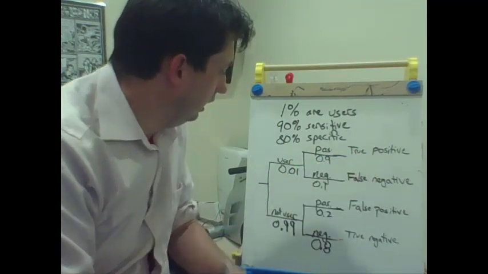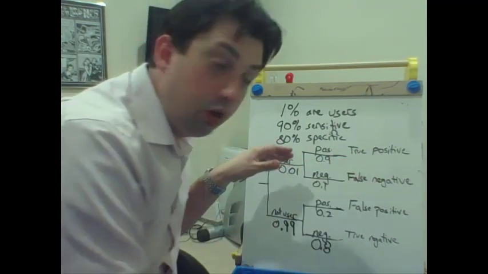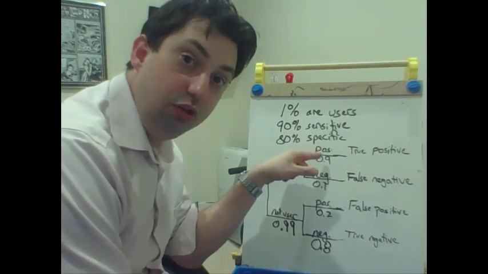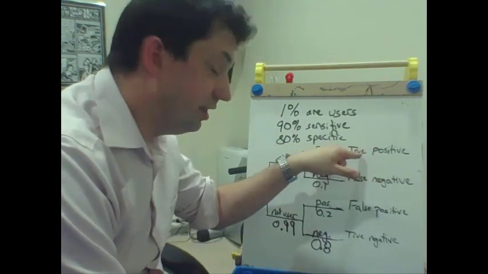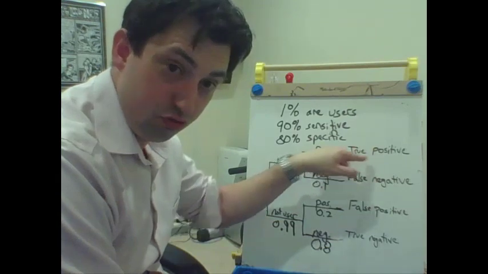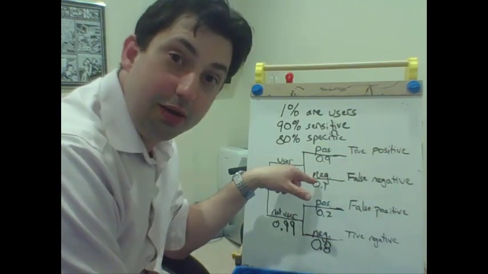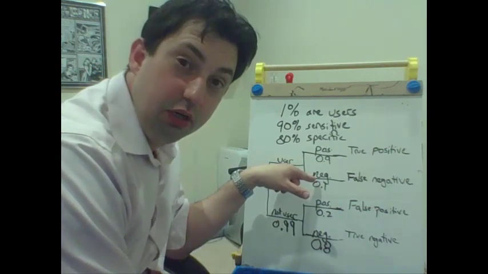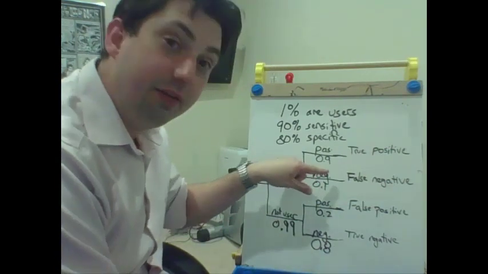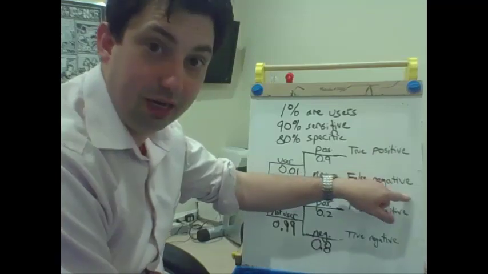Each of these outcomes has a particular name. So if this is a user and we correctly identify them as a user in the test, then that test result is a true positive. If we do not correctly identify that user as a user, then that negative test result is a false negative.